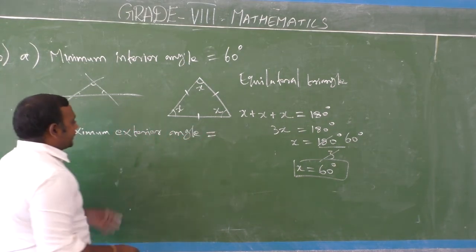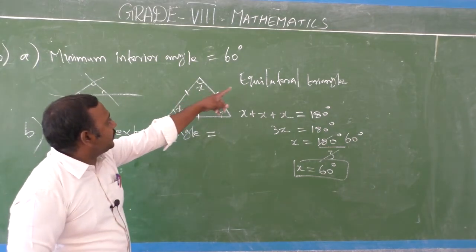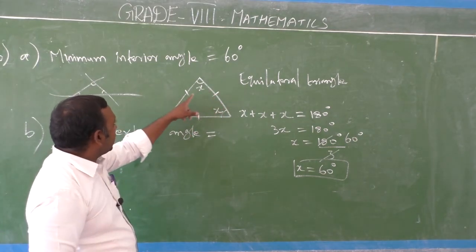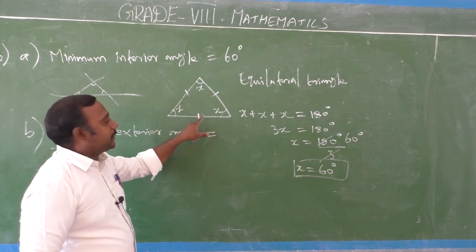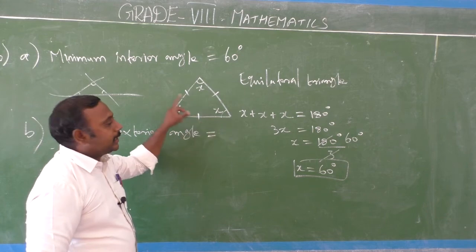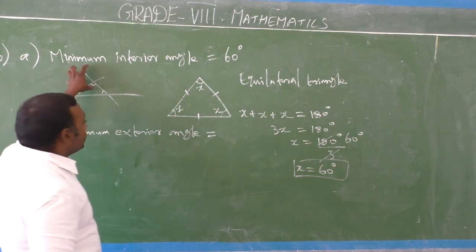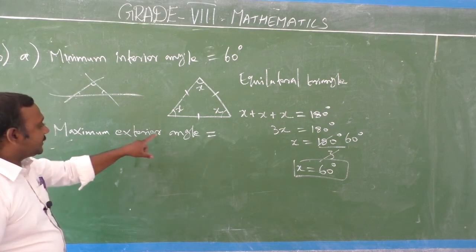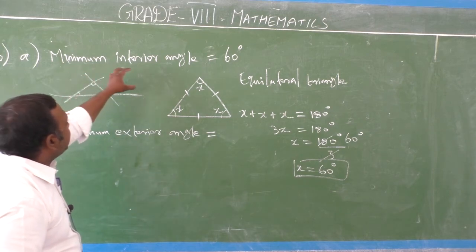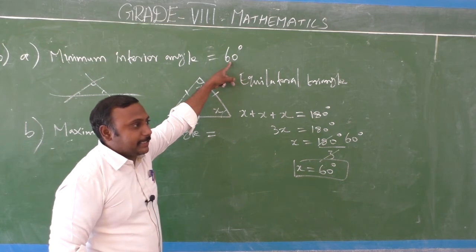So for the maximum exterior angle, the equilateral triangle is made of only 3 line segments, and its angles and sides are equal. So by using this we can find the maximum exterior angle. The minimum interior angle is equal to 60 degrees.